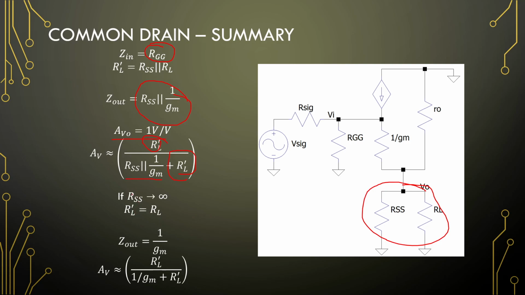So if RSS moves towards infinite and R load being R load, our amplifier output here will simplify very much. See, I need to remove these primes here. In any case, the common drain is fairly straightforward like that.